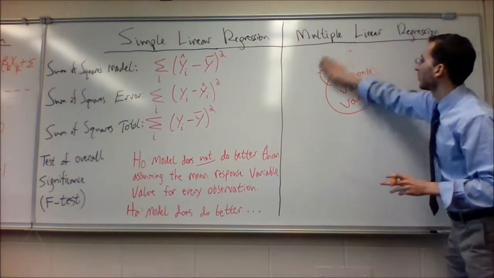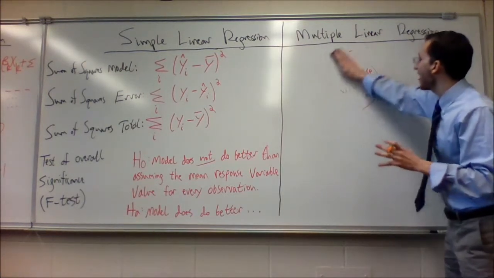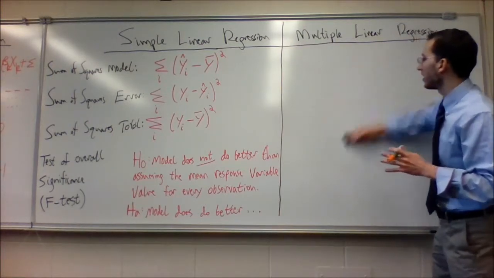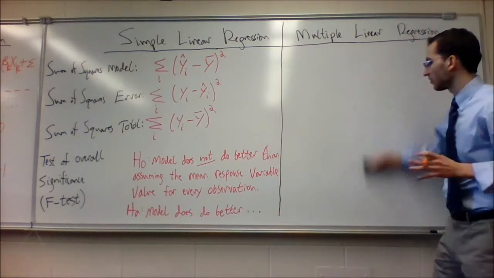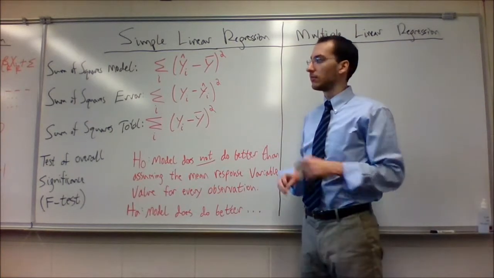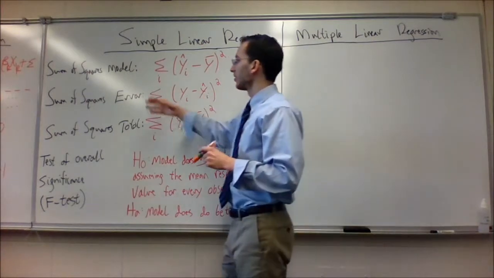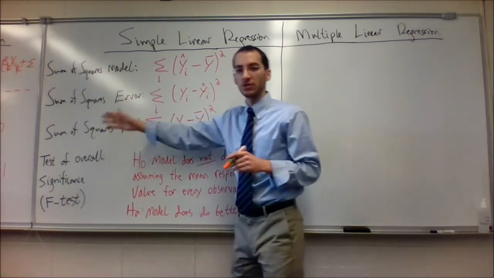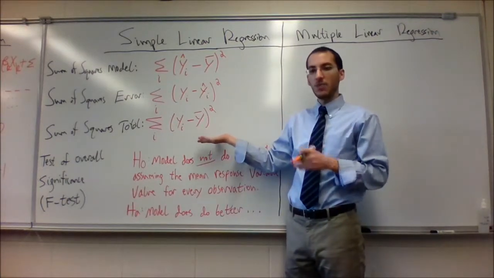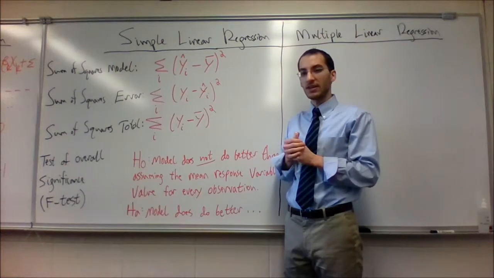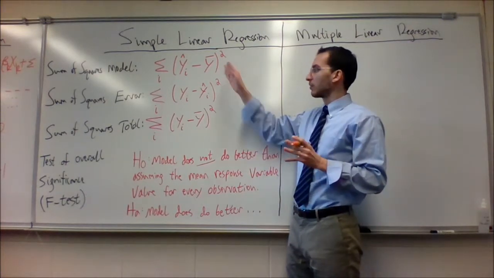Okay. So given that, how do we actually calculate those sums of squares like we did before? Sums of squares model, sums of squares error, sums of squares total. This is exactly what we had before and what you can see in the book, the formulas for each of these things. Just a quick refresher.